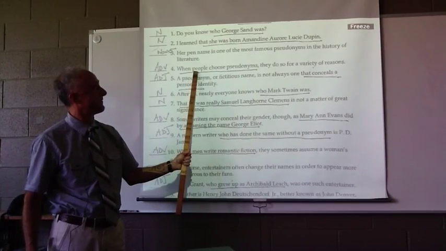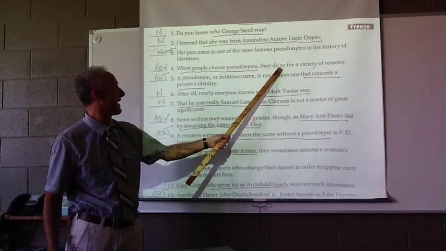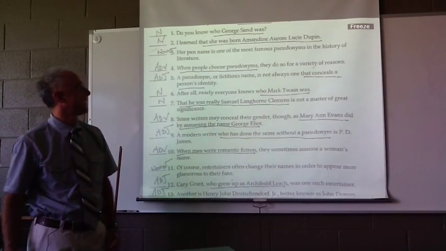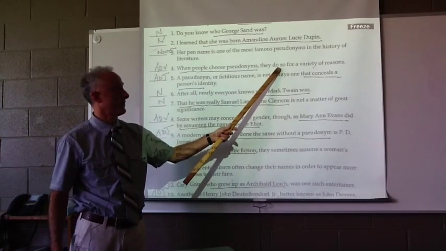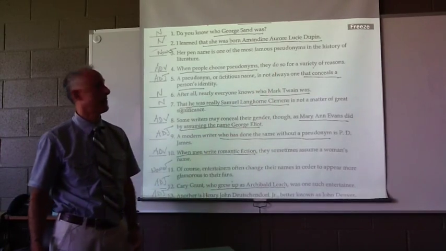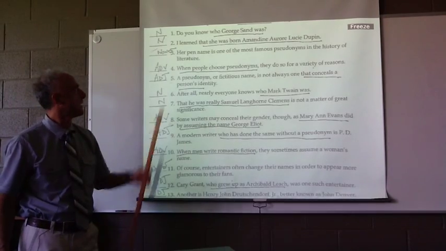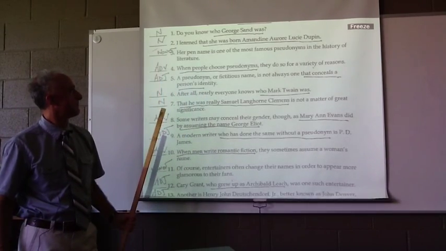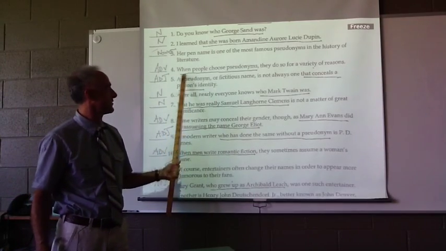This must be modifying something over here that is not a noun. When do they do so? All right, so it's modifying the verb do. All right, so we do have an adverb clause. That one might be a little bit difficult because it's not an obvious subordinating conjunction.